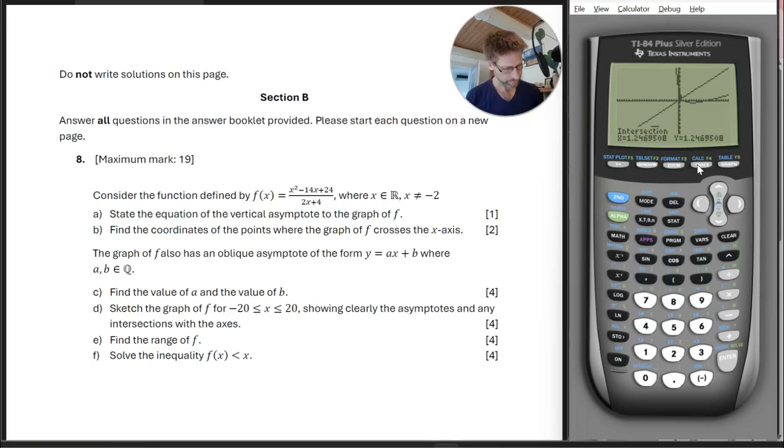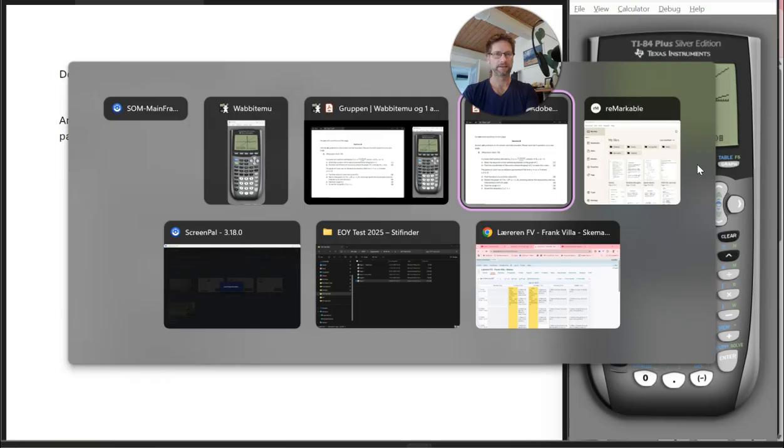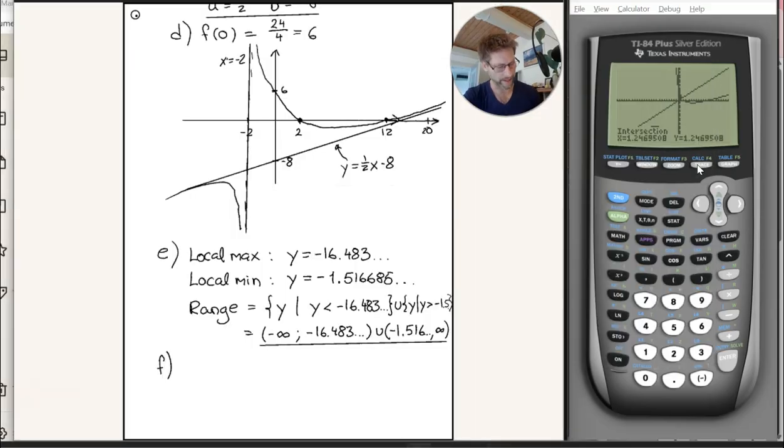So for question F, we have f of x equal to x happens when x is approximately 1.25, or let's find the other intersection.